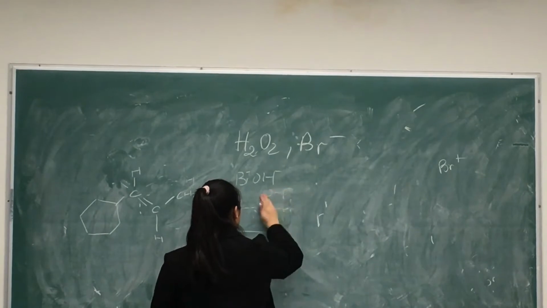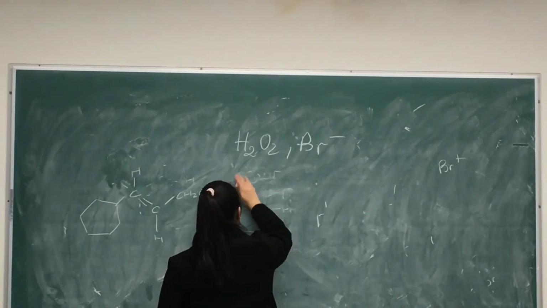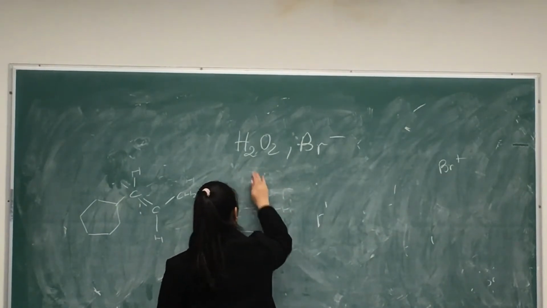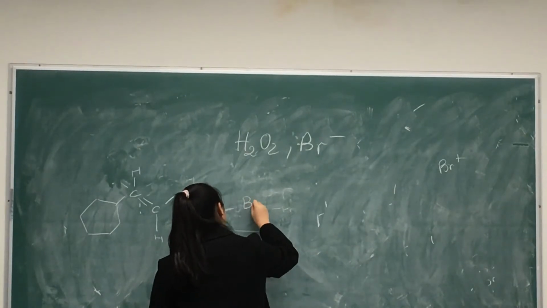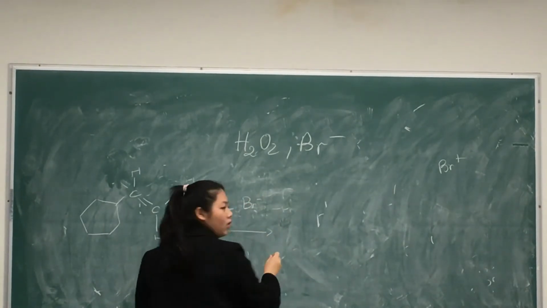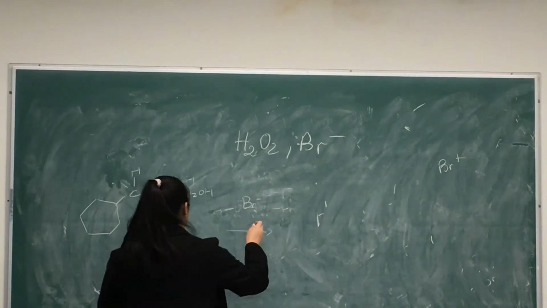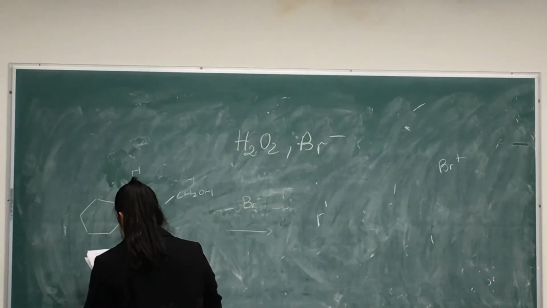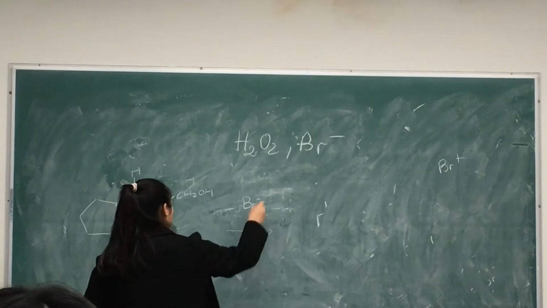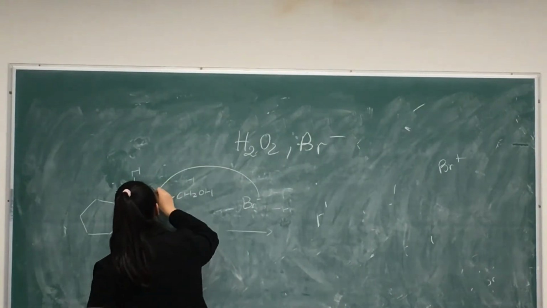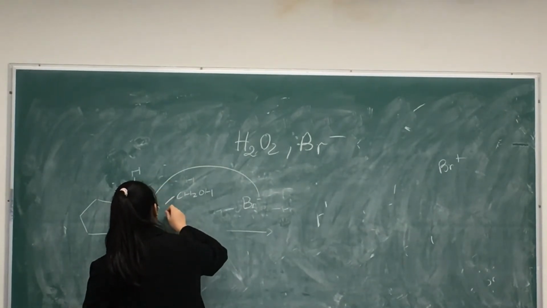The bond won't break because this one cannot have more than 4 bonds, right? 1, 2, 3, 4. So when this one comes, they will break the weakest bond. Because Br plus is really strong, they will try to get electrons to it. So the product will be, keep going.